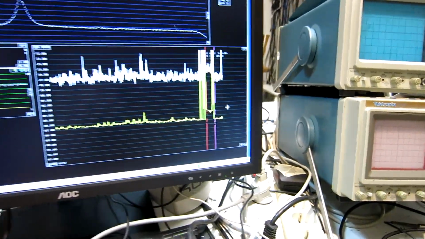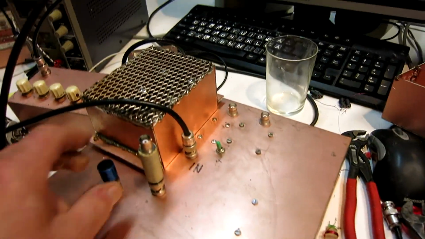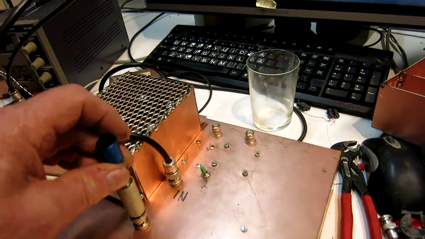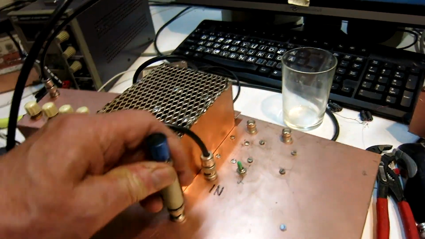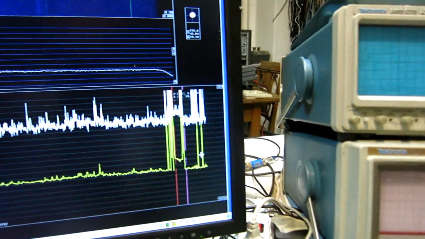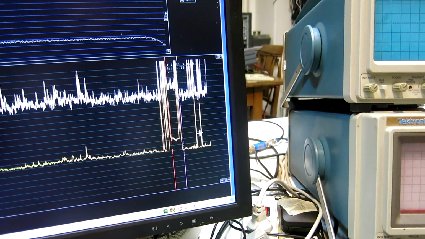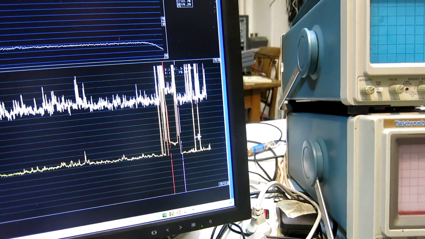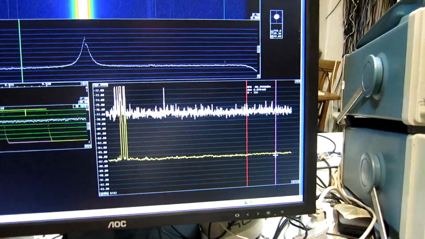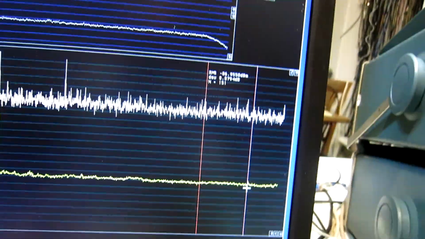So a 10 dB attenuator, and then this one, the old attenuator. And I have to wait for a while to see whether things are more stable now. That dummy load was a problem.